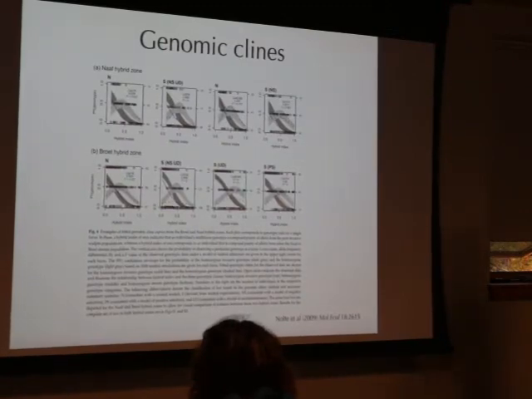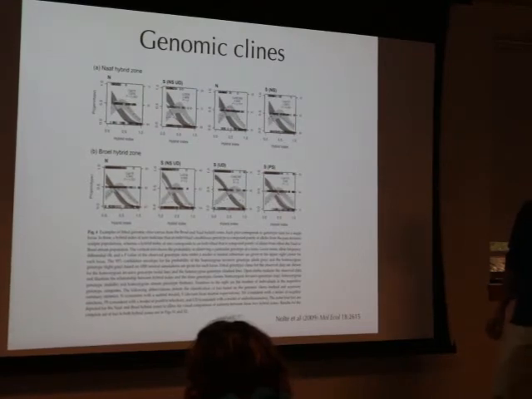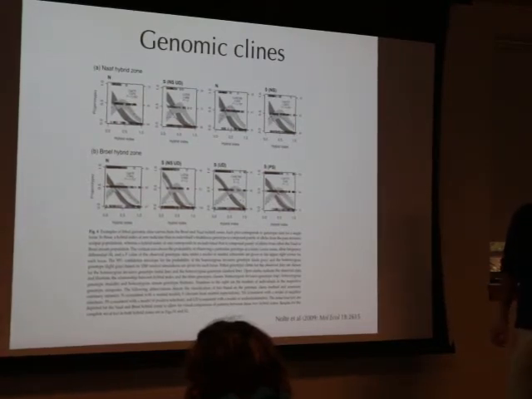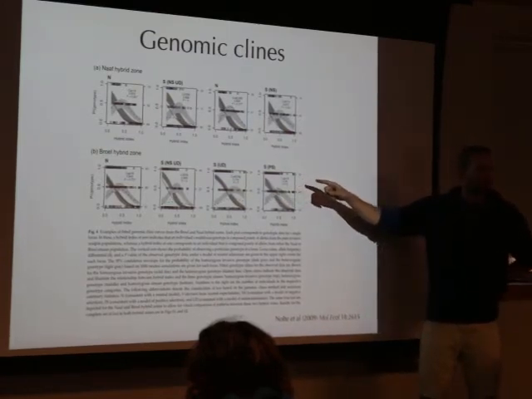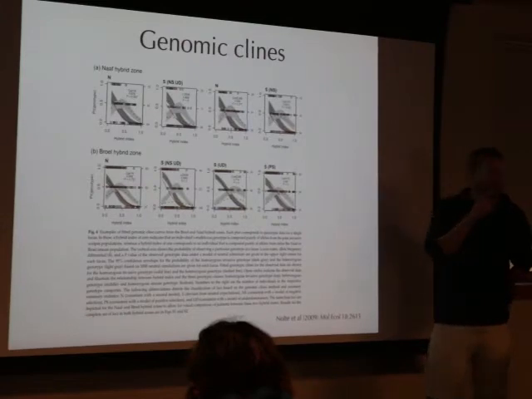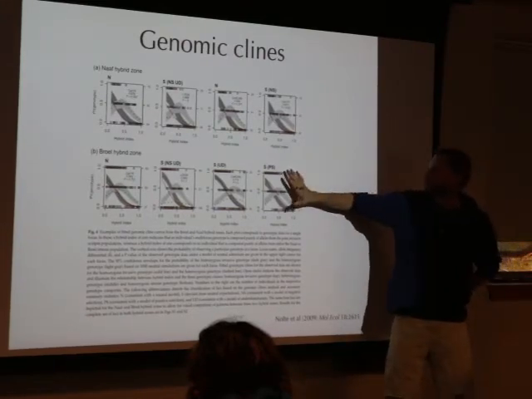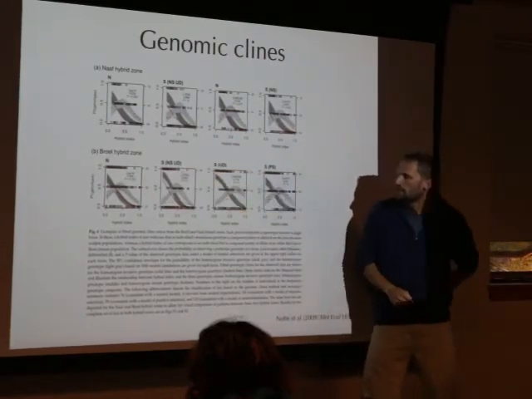So here's an example of that sort of analysis. This is in sculpins in Europe, a couple different hybrid zones. Each dot on here is an individual, and each plot is a locus.